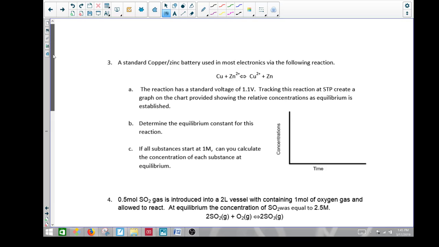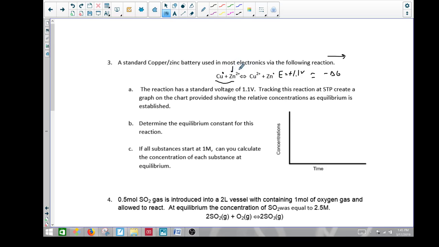Tracking this reaction at STP, create a graph on the chart provided showing relative concentrations as the reaction equilibrium is established. A couple things I'll mention: we have an electrical potential equaling a positive 1.1 volts. That can be made proportional to a negative delta G, which means we are traveling in this direction, consuming these guys, producing these. Now, solids don't have a changing concentration.